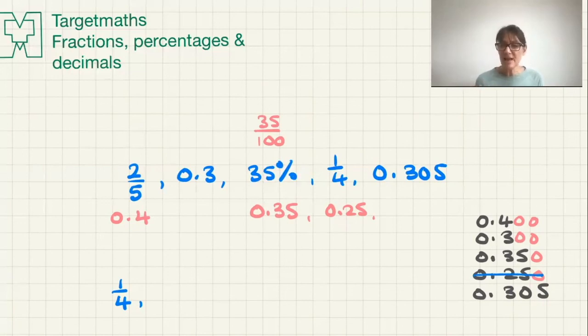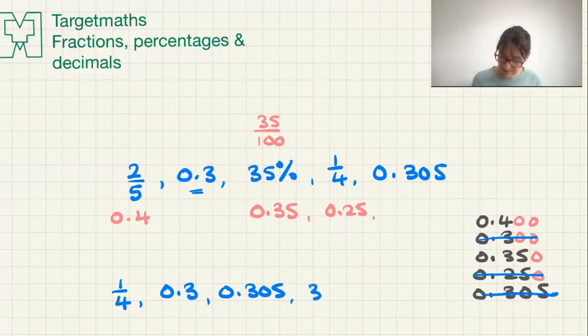The next one is 300, which is the 0.3, which is this one here. So 0.3. And then it's 305 down here, isn't it? So it's 0.305. Then it's 350, so it's the 35%. And finally, it is my 0.4, which is over here. And that is 2/5.